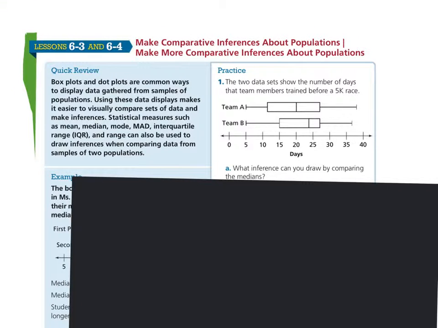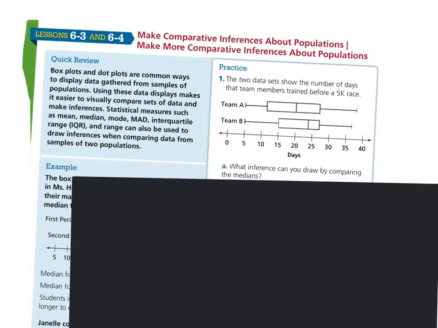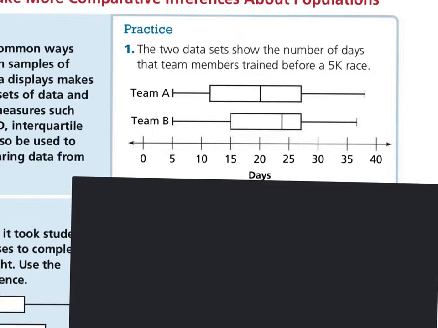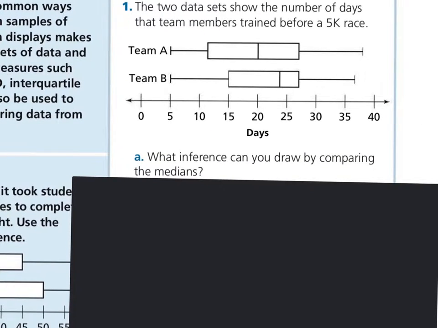The last 2 lessons, making comparative inferences about populations and making more comparative inferences about populations. So if you look at number 1, 2 data sets show the number of days a team member is trained before a 5K race. What inferences can you draw by comparing the medians?